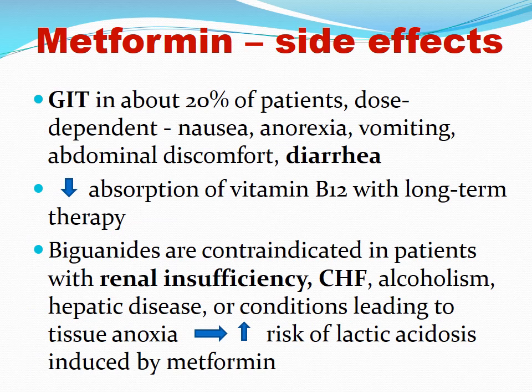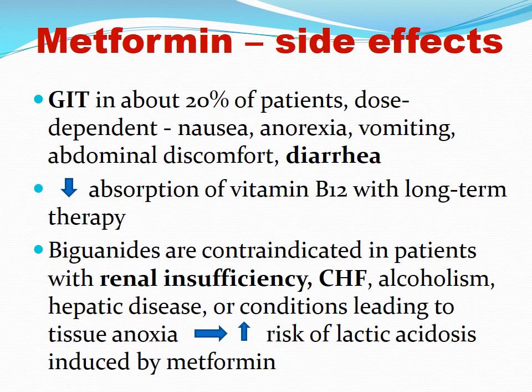Side effects or adverse effects of metformin are mostly GIT side effects, occurring in 20% of the patients and are dose dependent. These include nausea, anorexia, vomiting, abdominal discomfort, and diarrhea. Metformin may decrease the absorption of vitamin B12 with long-term therapy.